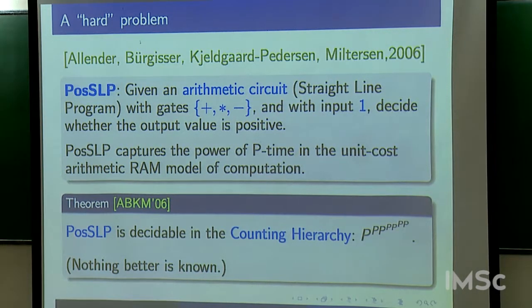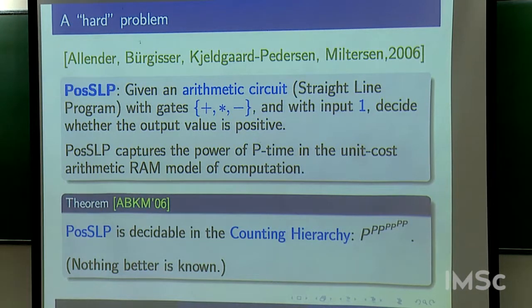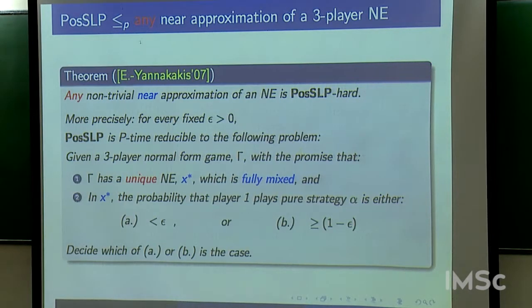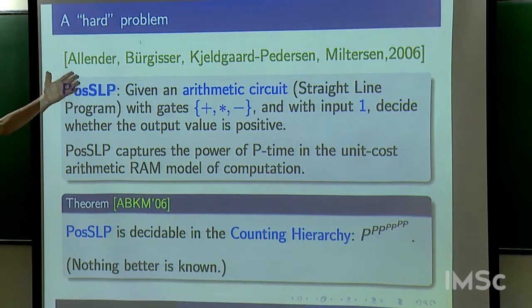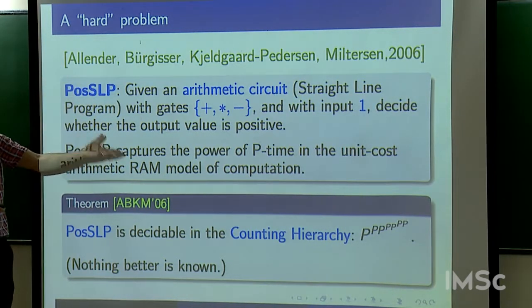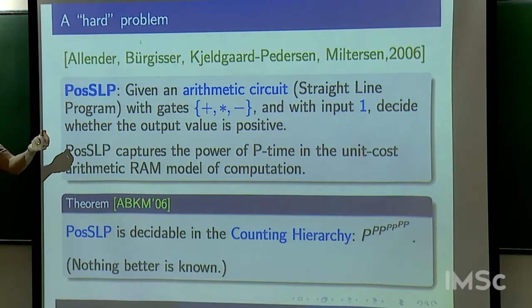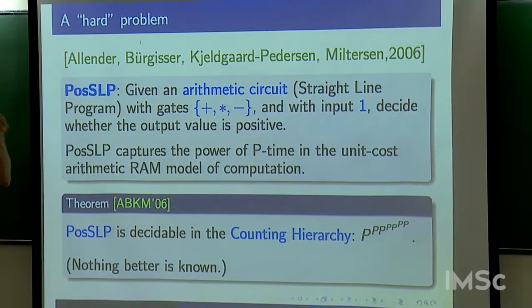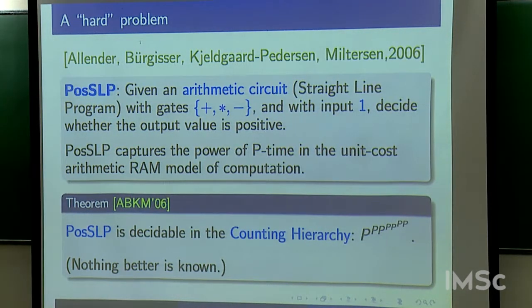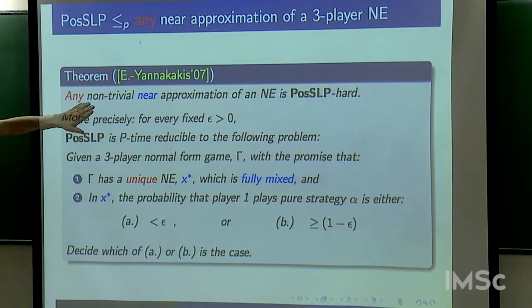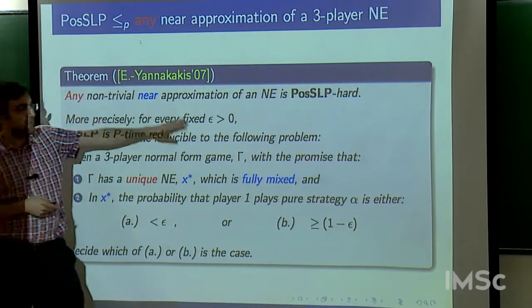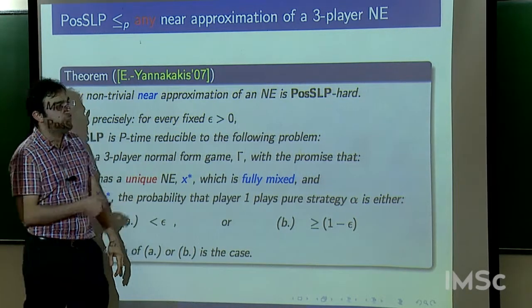Now let me relate this to the problems that we've been looking at. PosSLP, this exact decision problem of deciding whether the output of this arithmetic circuit is positive or not, is reducible to any non-trivial near approximation of a fixed point. Any non-trivial near approximation of a Nash equilibrium is PosSLP hard.